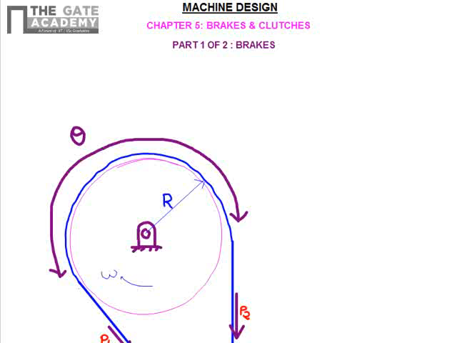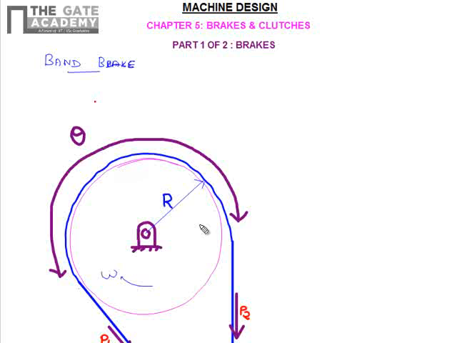Now we will consider another kind of brake called the band brake. A band brake consists of a flexible steel strip lined with friction material which is pressed against a rotating drum.